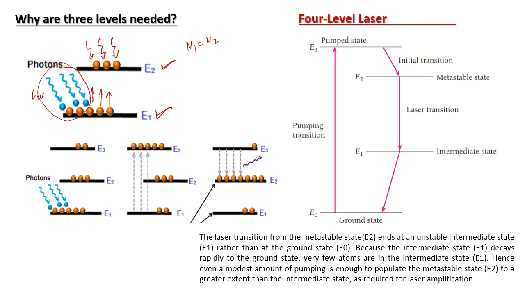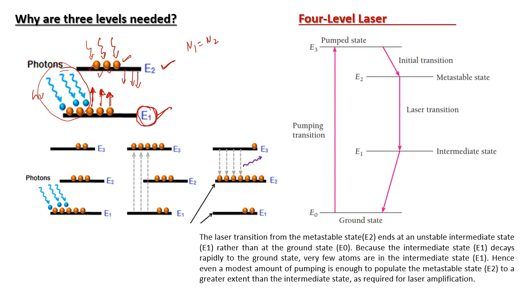When you are supplying the energy, the atoms are going to the E2 state, and when these atoms are in the E2 state, the photons are more likely to cause stimulated emission, so that these atoms come down.